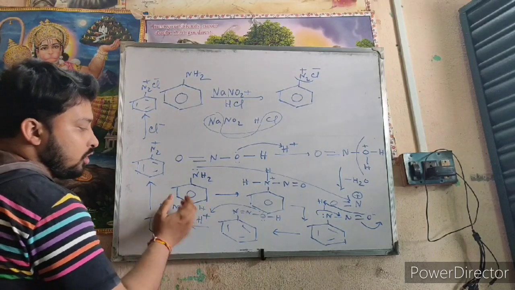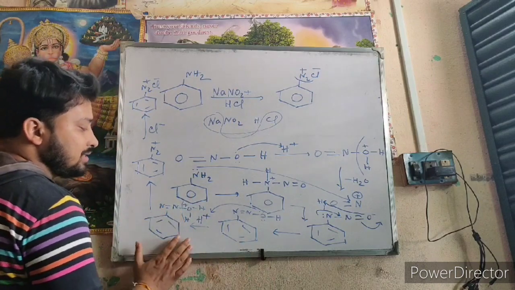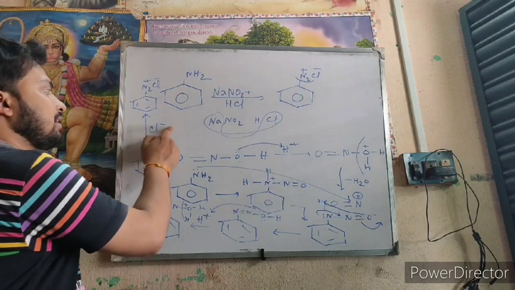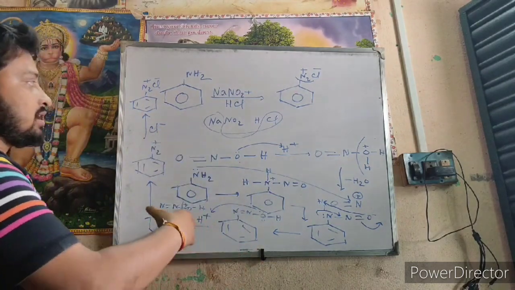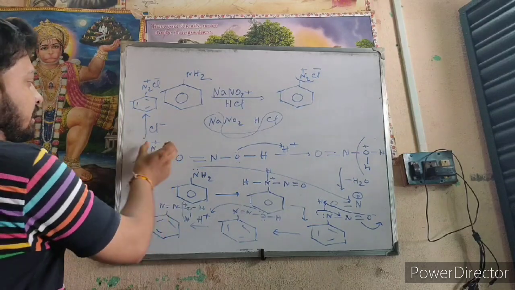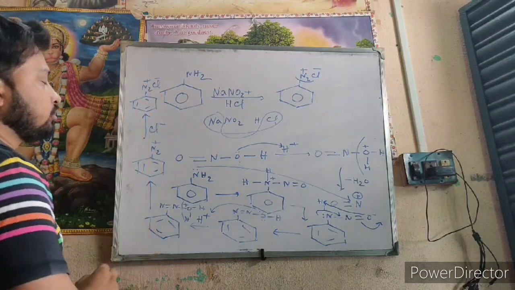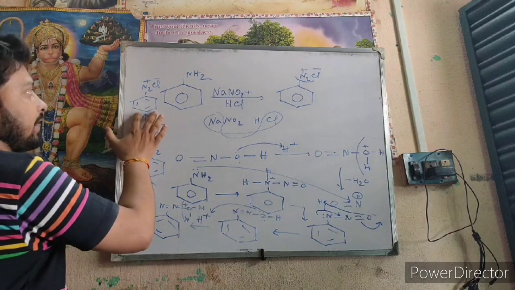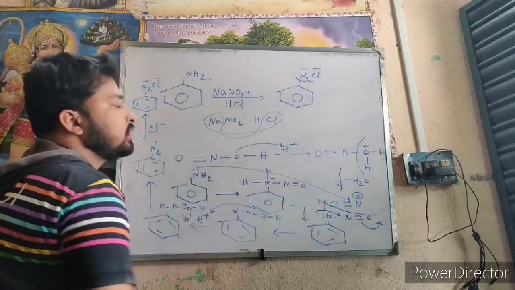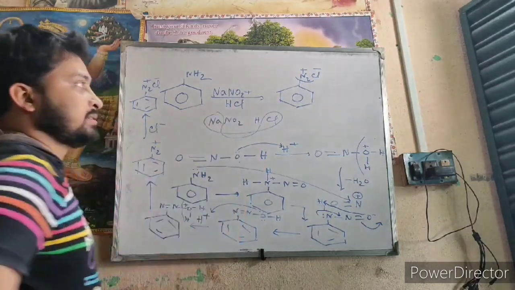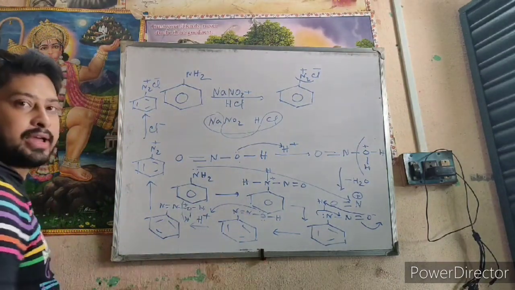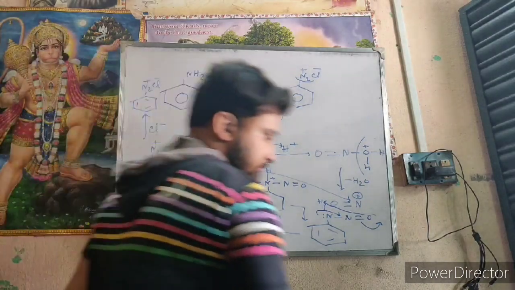So H2O is removed from here and N2 plus is formed. When N2 plus reacts with Cl minus or negative ions, it combines to create a compound. So the compound is benzene diazonium chloride. So this is the simple mechanism behind this simple reaction. Hope you understand. Okay. Next.